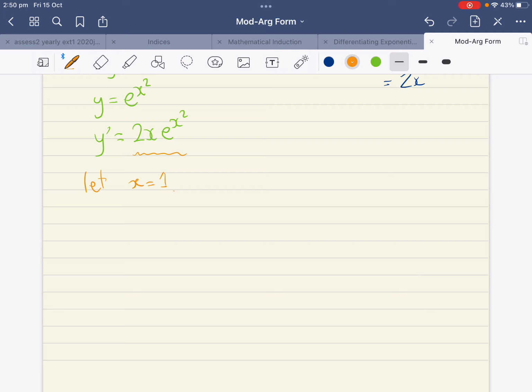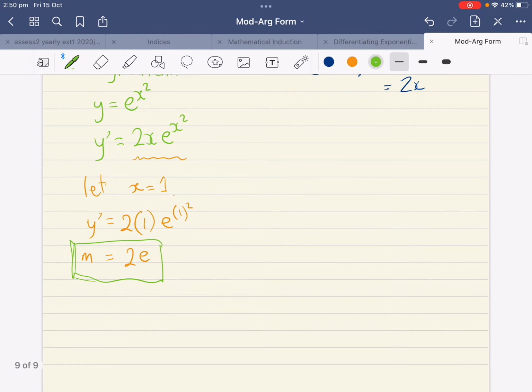So when we sub 1 into this y dash, this will give us the gradient at that point. So we have 2 lots of 1, all times by e to the 1 squared. In other words, you have 2 times ultimately e to the 1. This is our gradient. I'm going to put m here. This right here is the gradient of our tangent.